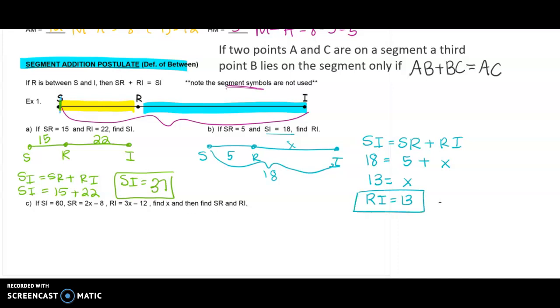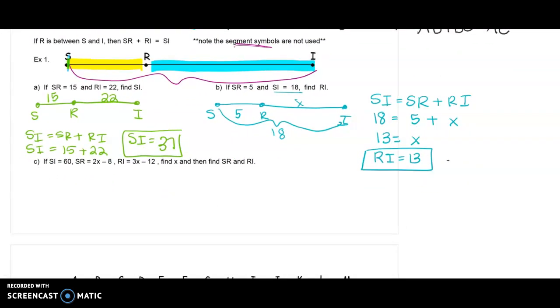With these, it's very important to actually draw out your picture and visually see what you're talking about so that you can know where everything needs to go in your equation. If we're looking at C, we're going to throw some algebra in there. So we still have this same picture, S, R, and I. They're telling us that SI is 60.